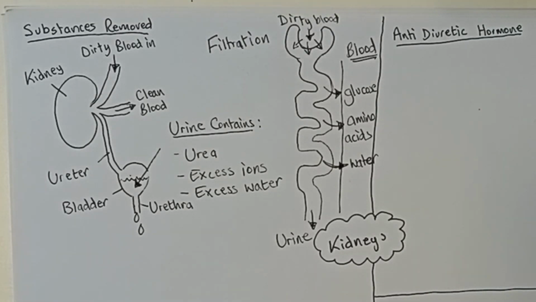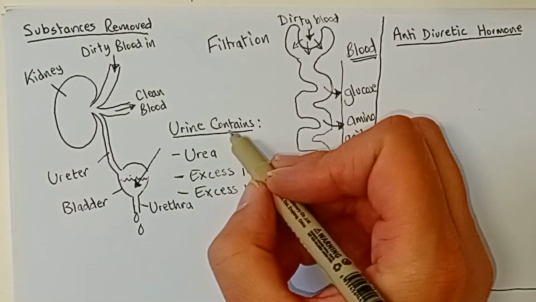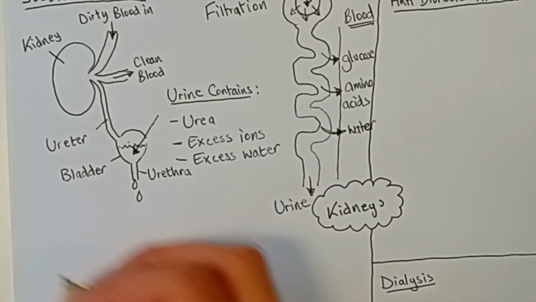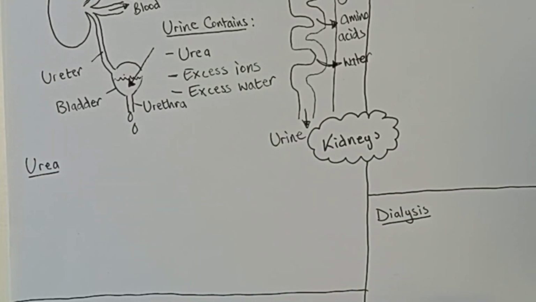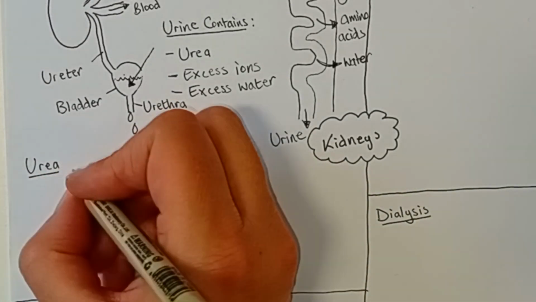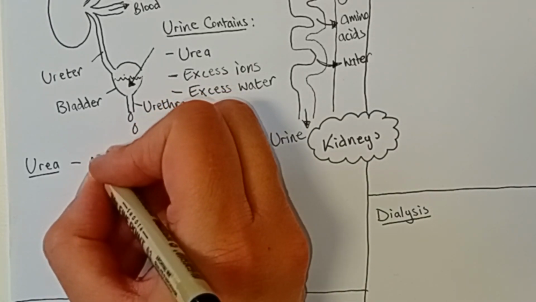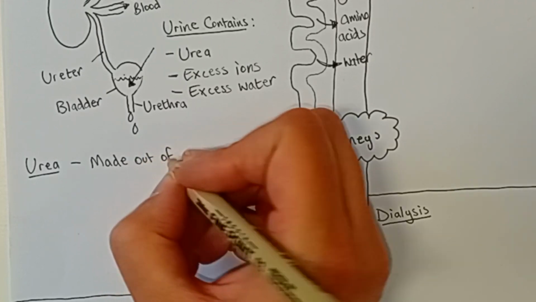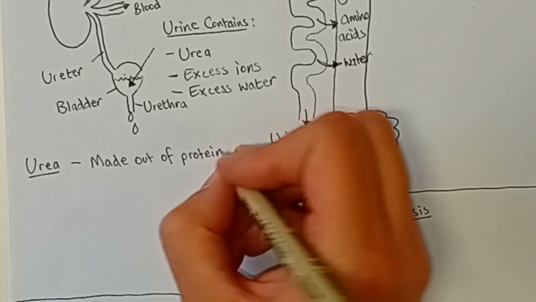So let's just have a little think then about the main constituents of urine. So urine contains urea. Urea is the smelly yellow stuff in your urine, and it's made out of excess protein. And that happens in the liver.